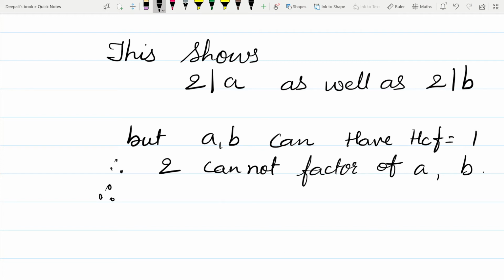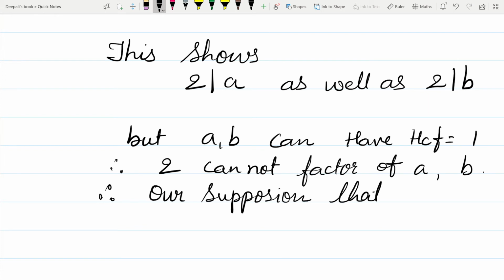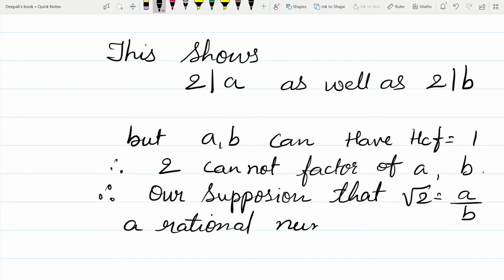Therefore, our supposition that root 2 is a upon b, a rational number, is wrong.